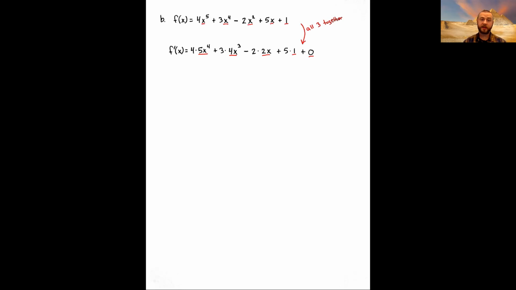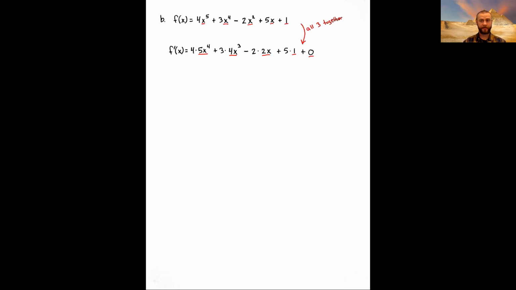All right, and I think it wouldn't be too bad to jump straight from the function to this derivative. Typically after a small number of examples, most calculus students are quite comfortable incorporating all three of those rules together to go from the given function to its derivative here.